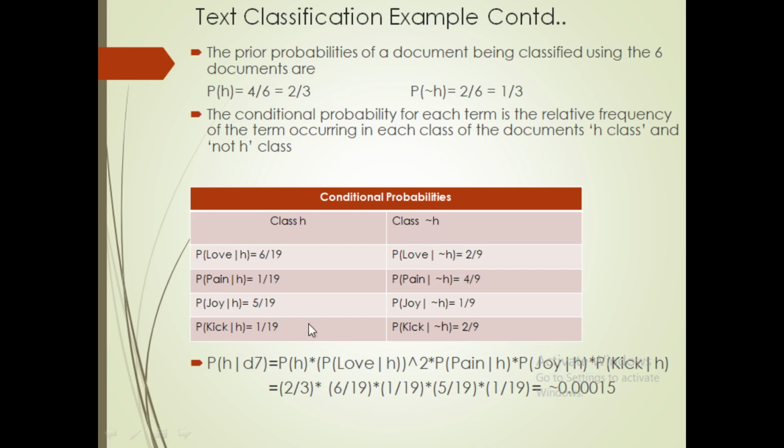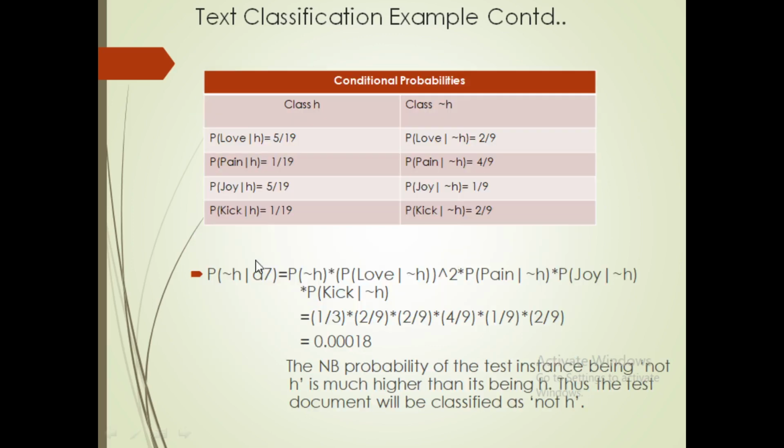We'll substitute whatever values we have calculated over here, and we are going to substitute the value of P of H. P of H is nothing but 2 divided by 3. When we compute this, we will be getting an approximate value of 0.00015. In a similar way, we will calculate P of not H given D7. So we will compute this and we will be getting the value as 0.00018 over here.